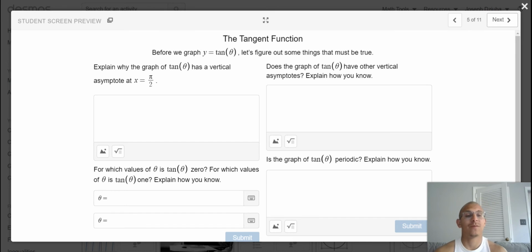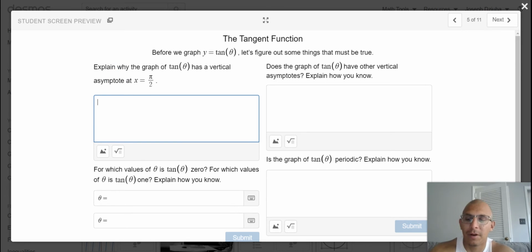Now, before we look at the graph, so you can actually visualize that distinct difference, I'd like to hear you explain why the graph of tangent theta has a vertical asymptote at x equals pi over 2. Remember, tangent theta is the equivalent of this ratio.